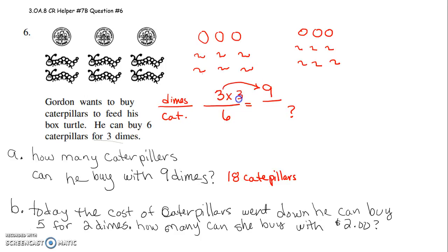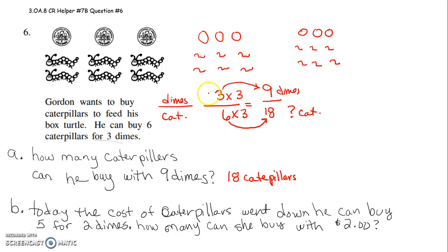Oh, 3 times 3 is 9. So then I could say, how do I get my new denominator? Well, if I'm multiplying my numerator by 3, I have to multiply my original denominator by 3 so that the fractions become equivalent. 6 times 3 is 18. So that tells me for 9 dimes, I can get 18 caterpillars.